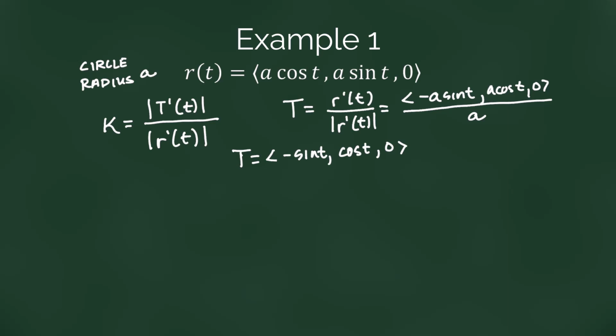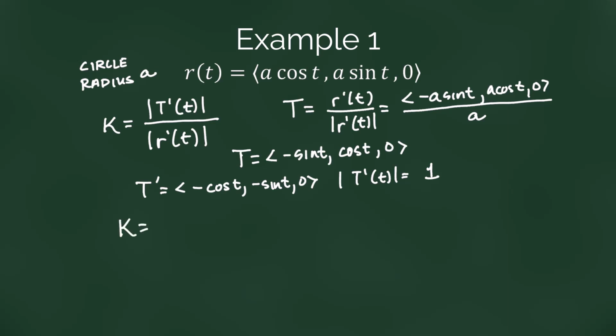So T prime then is the vector negative cosine t, negative sine t, 0, and the magnitude of T prime is going to be the square root of cosine squared plus sine squared, so that is 1.